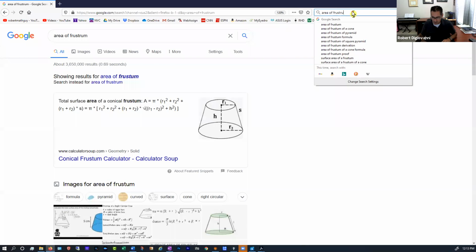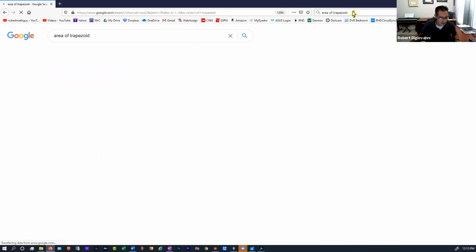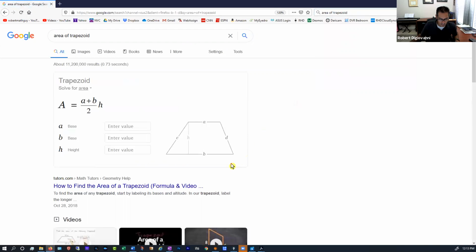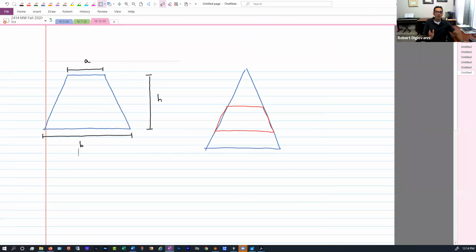Yeah, so right here, A plus B over 2 times H is the area. If you know this, and you know this, and you know the height, then it's this. Now, I want you to do it with a definite integral.